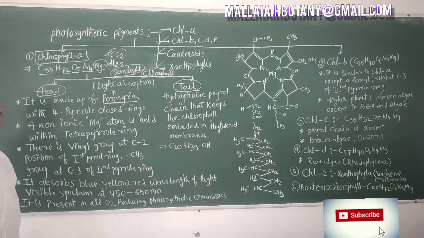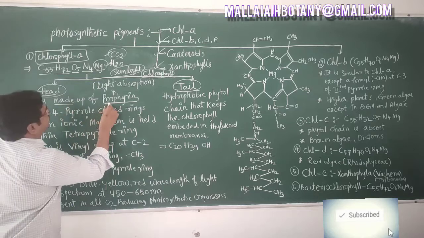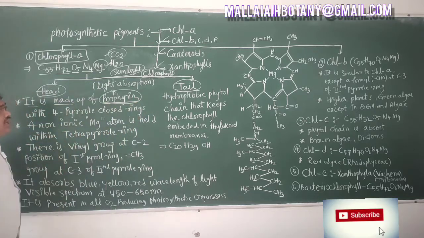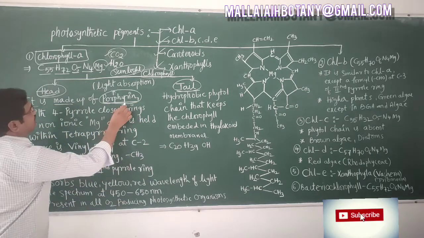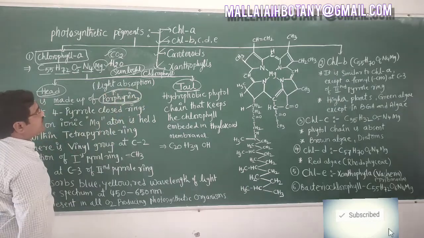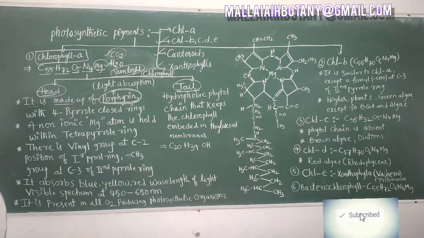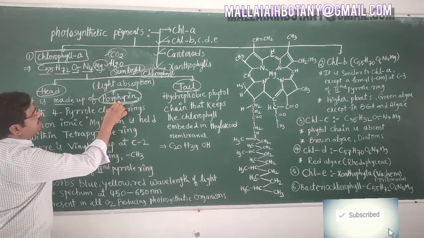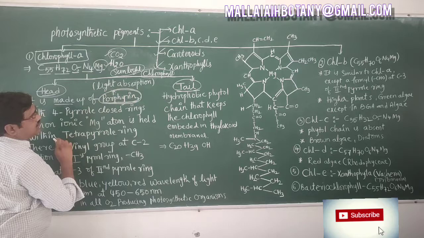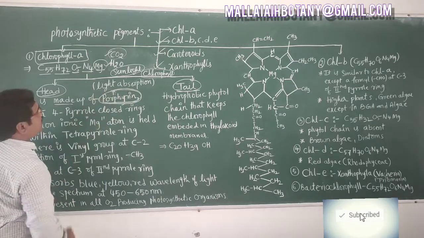The head is made up of the porphyrin ring. What is the main function of the porphyrin ring? It absorbs light from the atmosphere. So, the main function of porphyrin is light absorption.